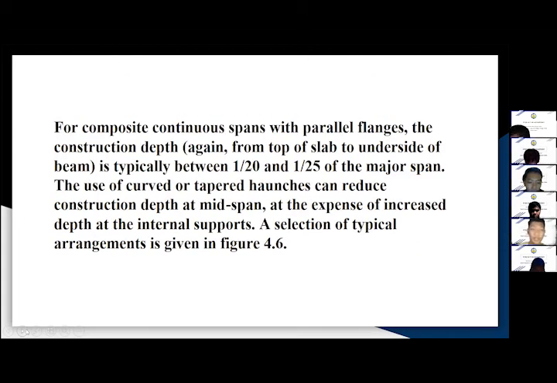For composite continuous spans with parallel flanges, the construction depth from the top of slab to underside of beam is typically between 1 per 20 and 1 per 25 of the major span. The use of curved or tapered haunches can reduce construction depth at midspan at the expense of increased depth at the internal support. A selection of typical arrangements is given in figure 4.5.